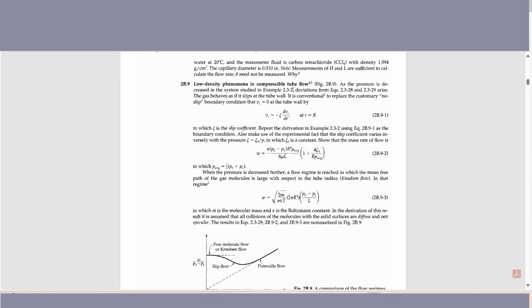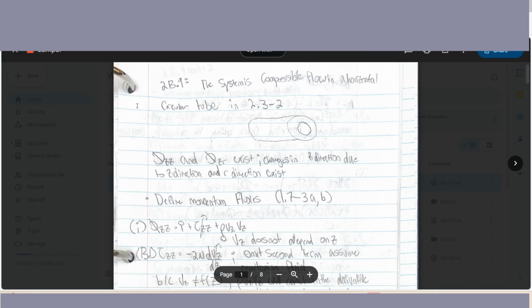Usually it would be due to gravity, but I guess it could be due to the slipping at the wall. If there wasn't a gravity term, the pressure would usually not depend on the Z direction. But because there's that slipping, it might depend on the Z direction. But obviously, just looking at the answer, we're going to have those terms in there.